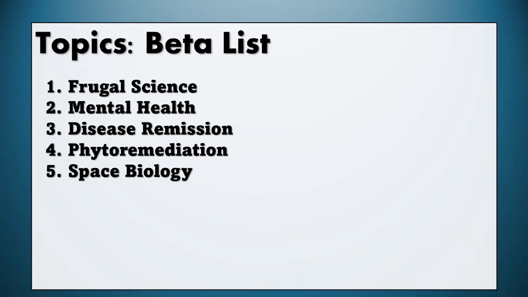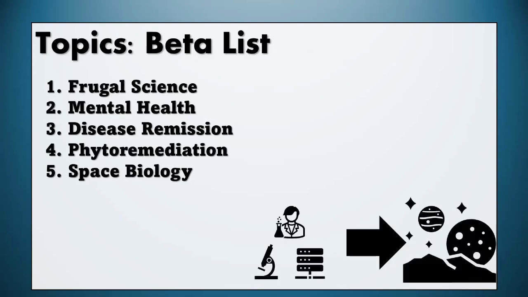And finally, piggybacking off that is space biology. Specifically, I did a video about simulated lunar regolith with plant studies. So there's a lot of work on trying to modify lunar regolith so you can grow crops in it.